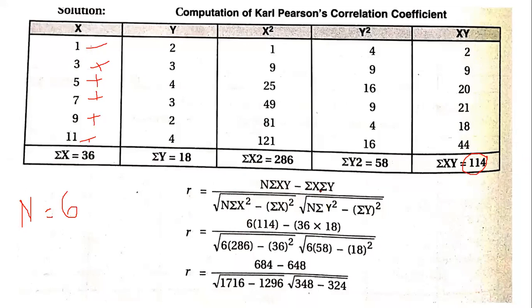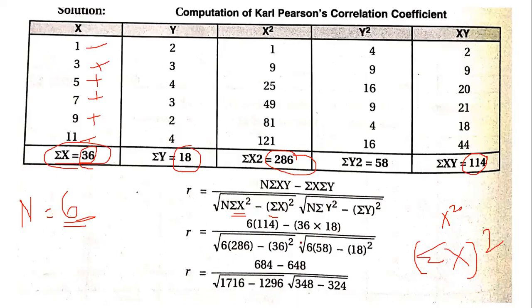Then minus sigma x into sigma y. So sigma x is 36, then sigma y is 18. So sigma x into sigma y whole divided by square root of value of n is 6 again, sigma x square. Sigma x square is 286. So 6 into 286 minus sigma x the whole square. Be very careful here, you might get confused. It is not x square, it is x whole square, which means 36 is sigma x.